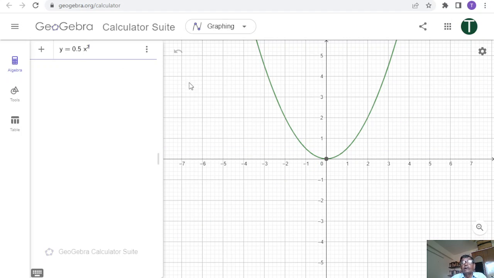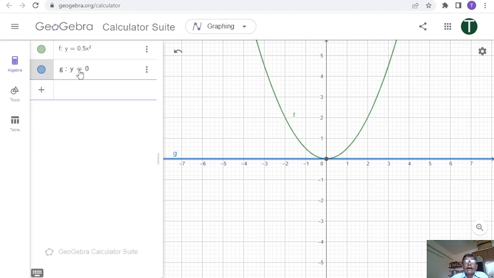So a parabola is drawn, and this is my function f. Then you just say my g(x) is equal to y equal to 0, and this will be the x-axis.